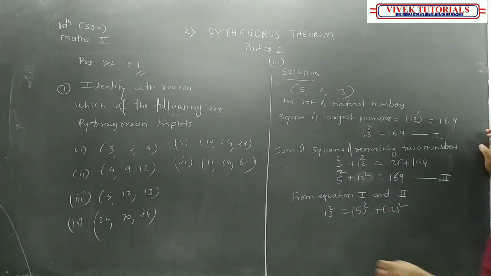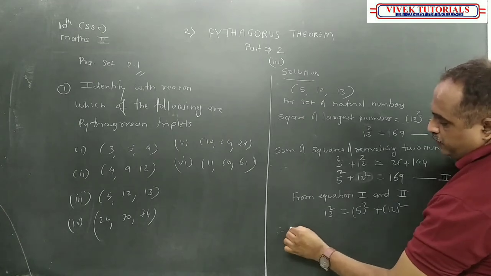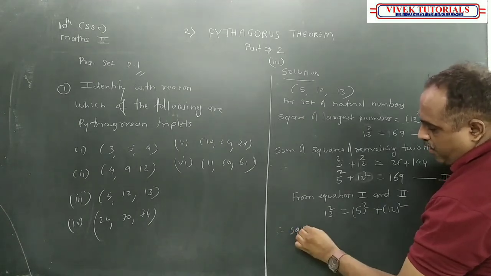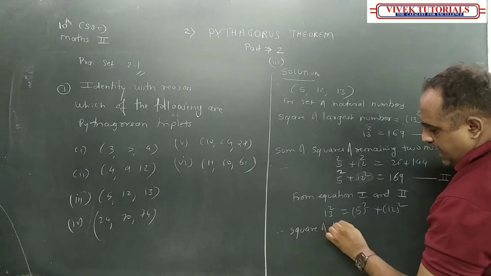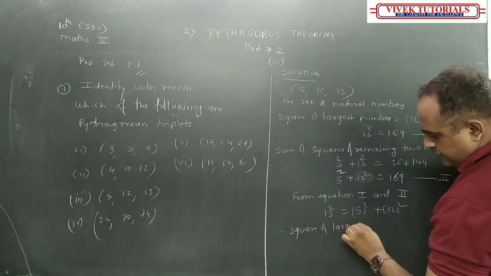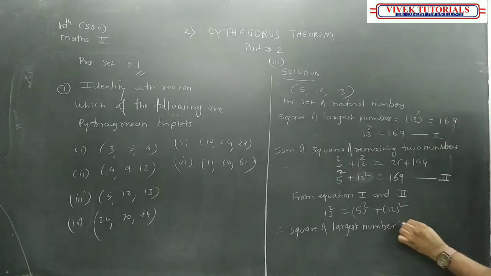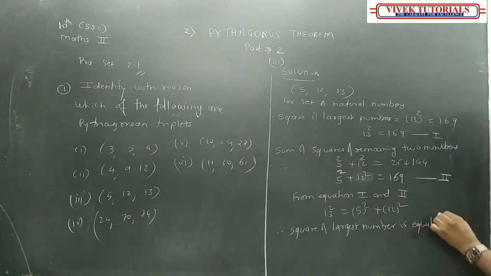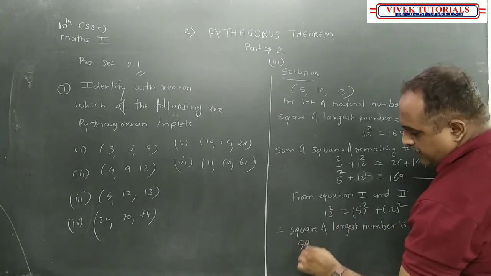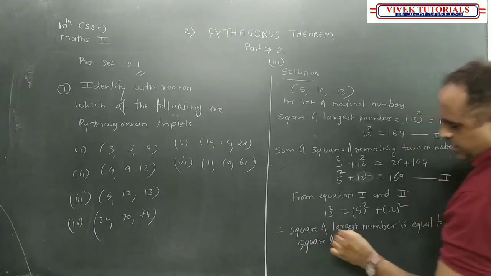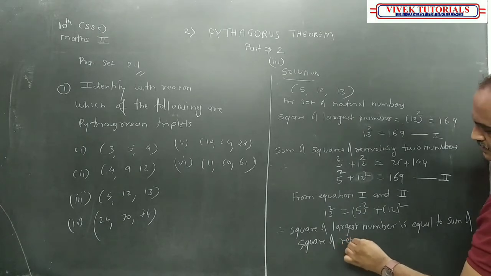So what I can write, therefore, square of the largest number is equal to the sum of squares of the remaining two numbers.